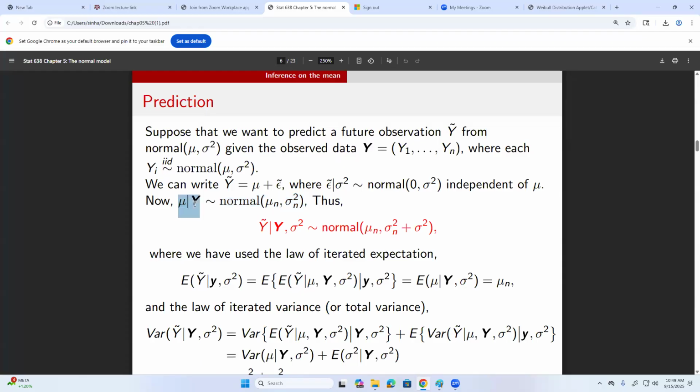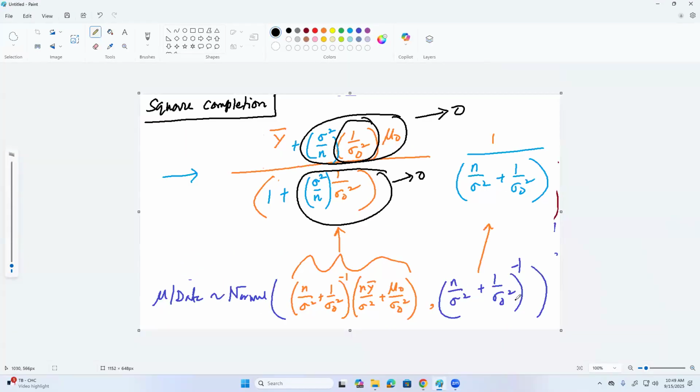Now, if I use this distribution, what is the distribution of y tilde? Then y tilde will again be a normal distribution with mean equal to the mean of this distribution, and the variance will be added, this variance plus this variance. This is a consequence of a well-known result of the normal distribution.